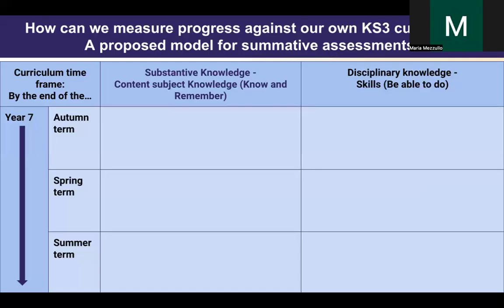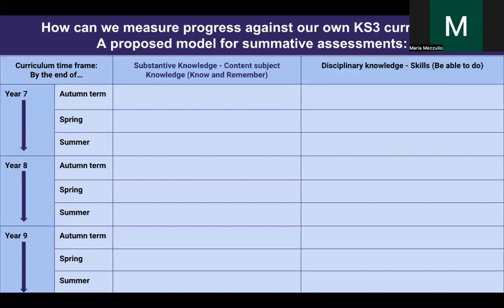Then if you're able to do that for every term, even by half term, but for every year in your Key Stage 3, when you are then trying to put together a summative assessment at any point in the Key Stage 3 journey, you have here a template which you can draw on, and that can guide you in terms of your sampling, okay, of the domain.